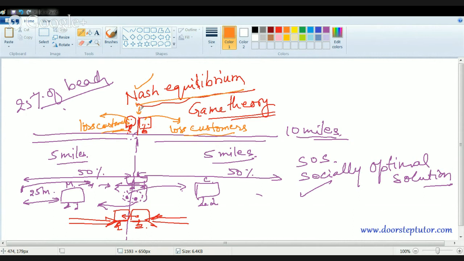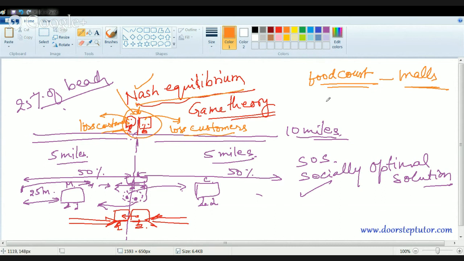So that is the reason why we understand that similar companies or similar products are located close to one another. In any public setting, you will find all food courts, for example, in any mall. You will find all food courts on one floor. Okay.